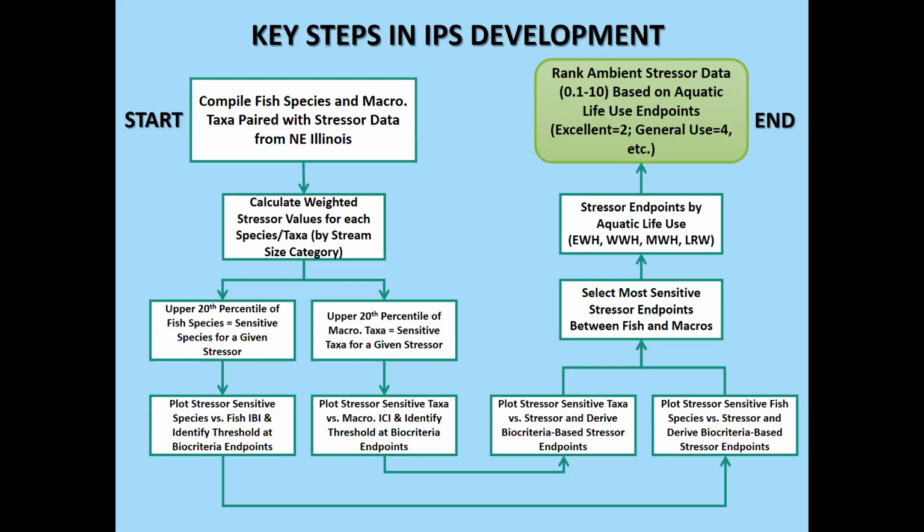Those were then used to inform the identification of thresholds after we confirmed that they correlated well with our general use IBIs. We then take those thresholds, and we also weighed out the various components of stressors. How were they important? Not just did they correlate well with the biological responses, but also how they weighed in terms of their impact on biology relative to one another.